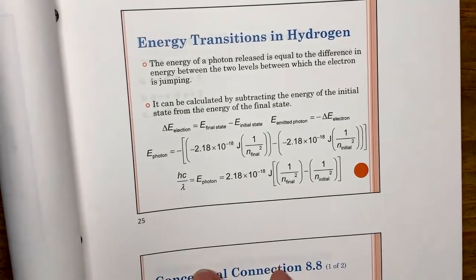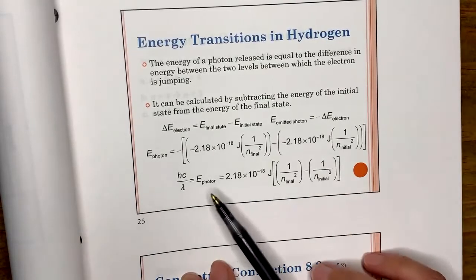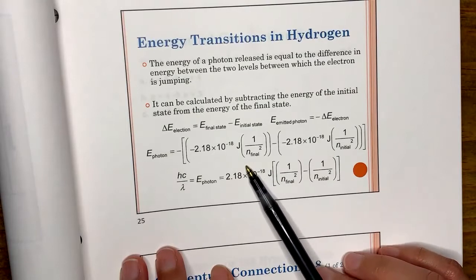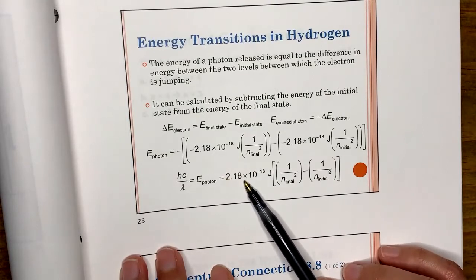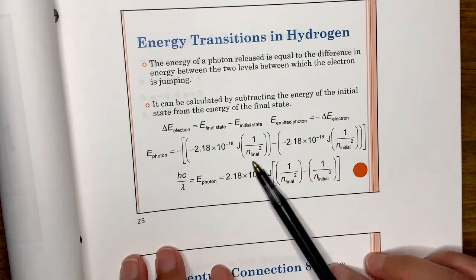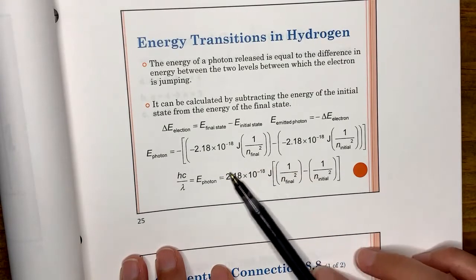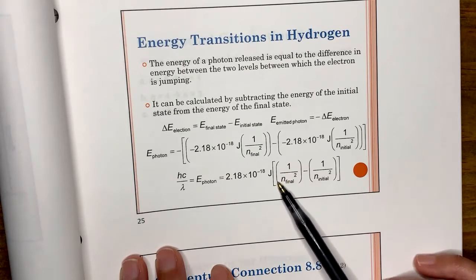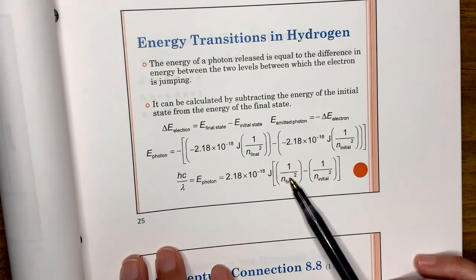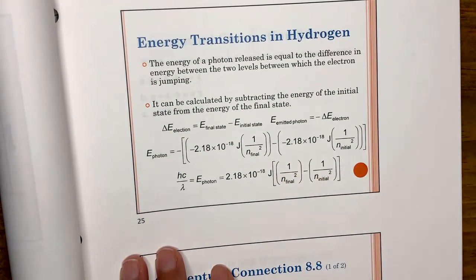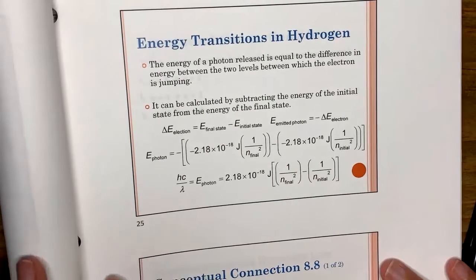So they come up with the formula here that tells you the energy of the photon, and then they have this constant here, and really this is super simplified. There's actually a way more complicated equation. But the idea is you have the Rydberg constant here, and then 1 over the final energy level, n 1, 2, 3, 4, 5, whatever the final state is, minus the initial state. And you can get the energy of the photon here, okay?